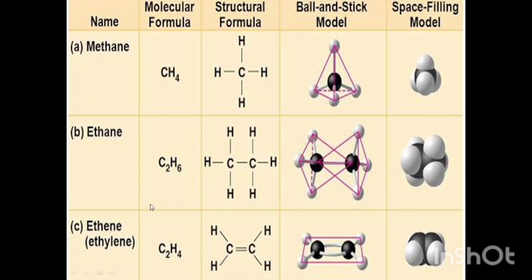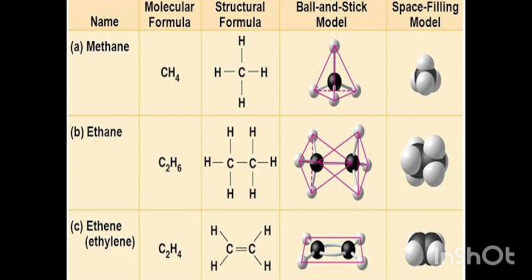Then last is ethene, or ethylene, which has a structural formula of 2 carbons and 4 hydrogen. In the ball and stick, we have 2 carbons and 4 hydrogen. Then in the space filling, we have 2 carbons here and the outside part is the hydrogen.